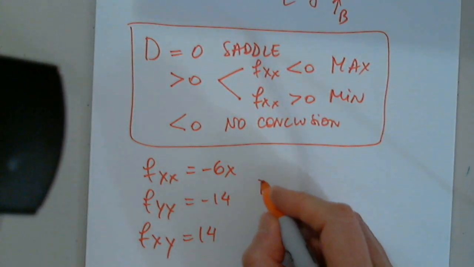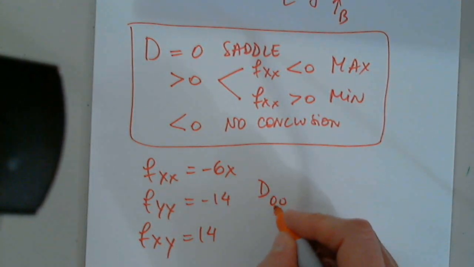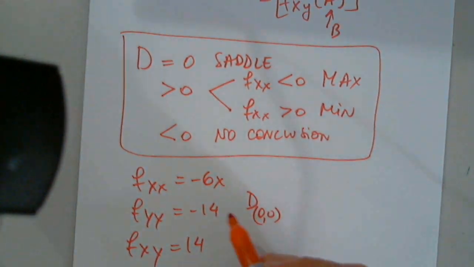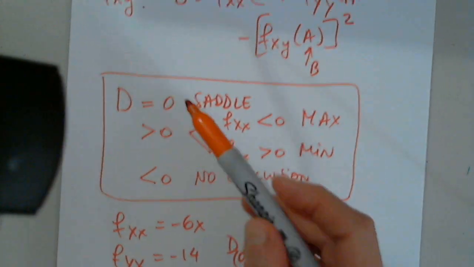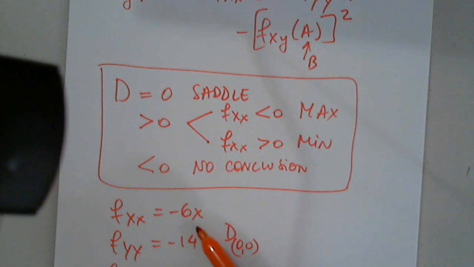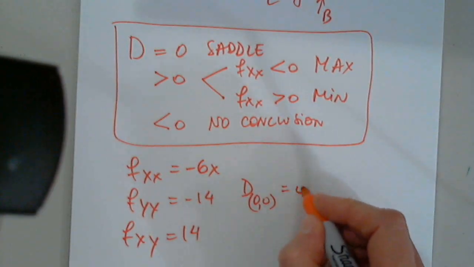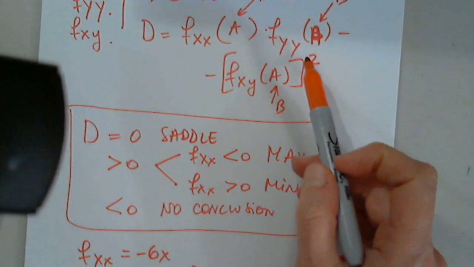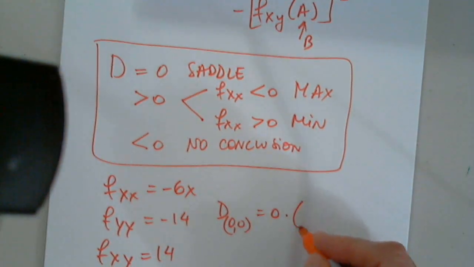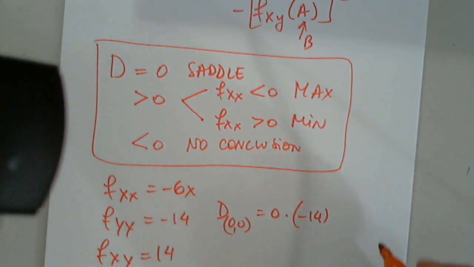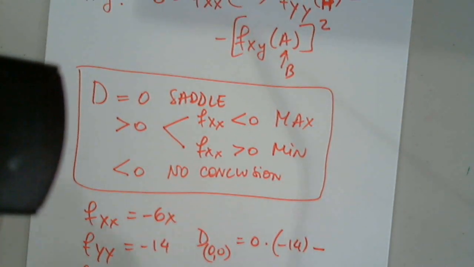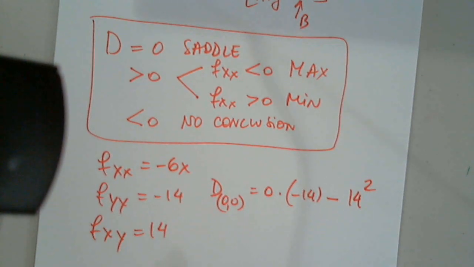Good, so the d-test for 0, 0. fxx at 0, 0 is 0. fyy is negative 14. I cannot plug in anything in it. Minus 14 to the second power.